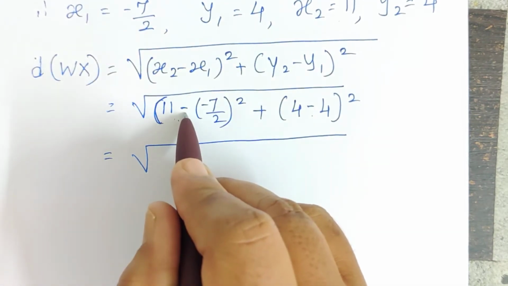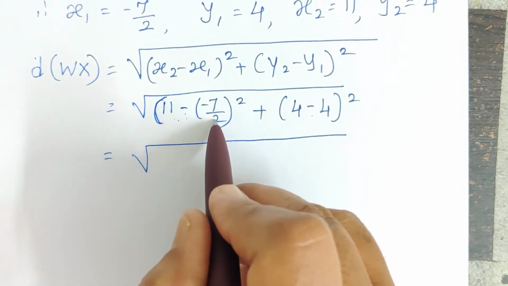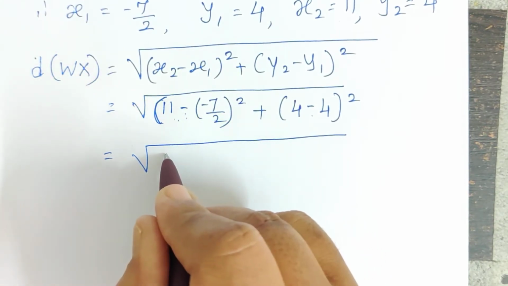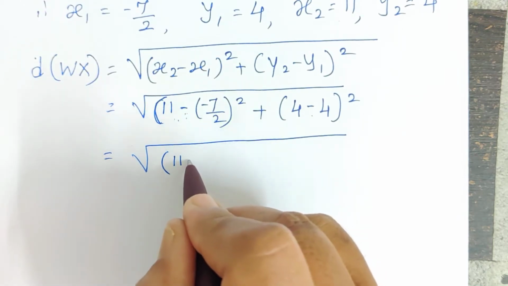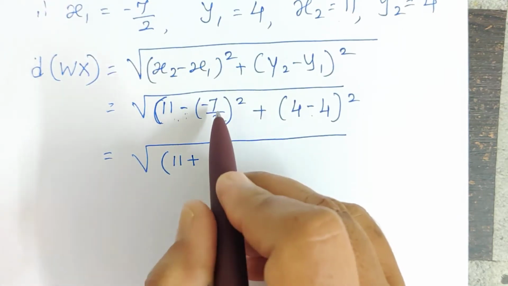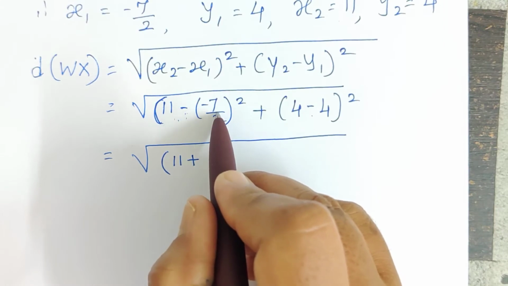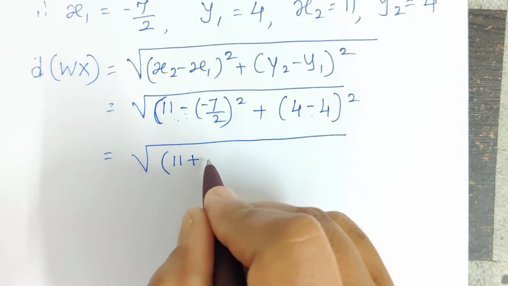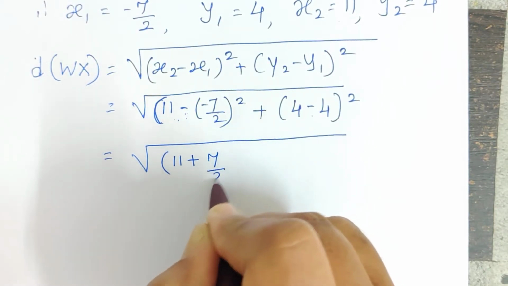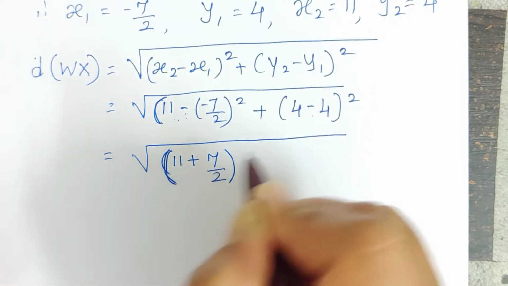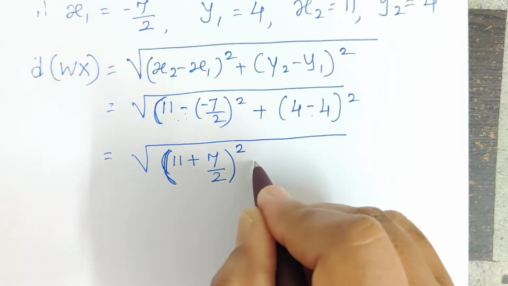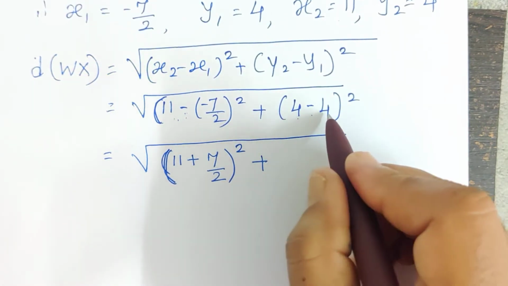So in the first bracket, 11 minus -7/2 becomes 11 plus 7/2, bracket square, plus 4 minus 4.